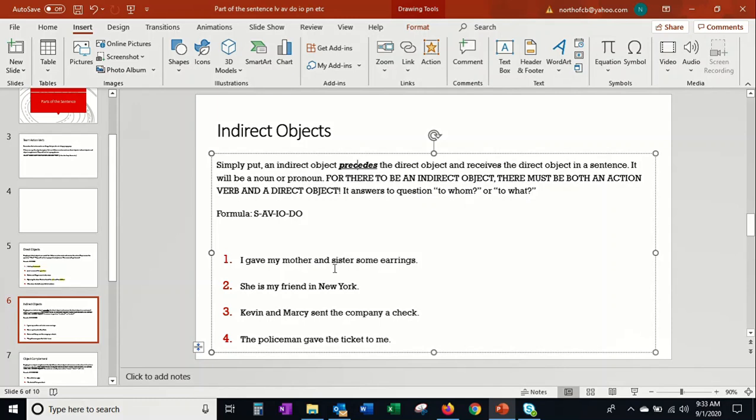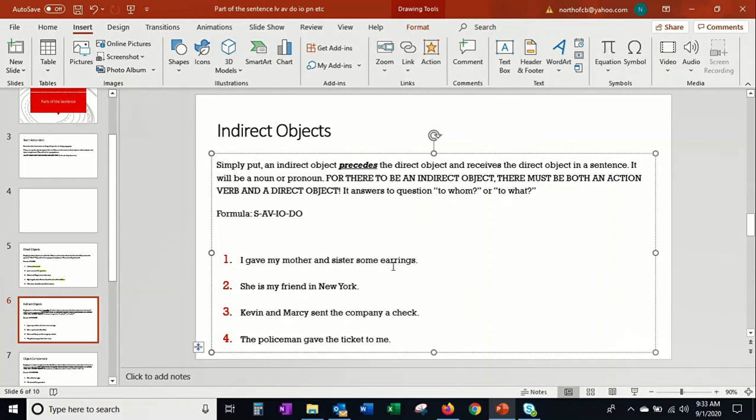I gave my mother and sister some earrings. What's the verb? Gave. Who gave? Subject. What did I give? Let's pass that ball forward. I gave earrings. Remember, direct object answers the question what. I gave what? Earrings. Direct object. Now we can answer the question to whom? To whom or to what did I give the earrings?